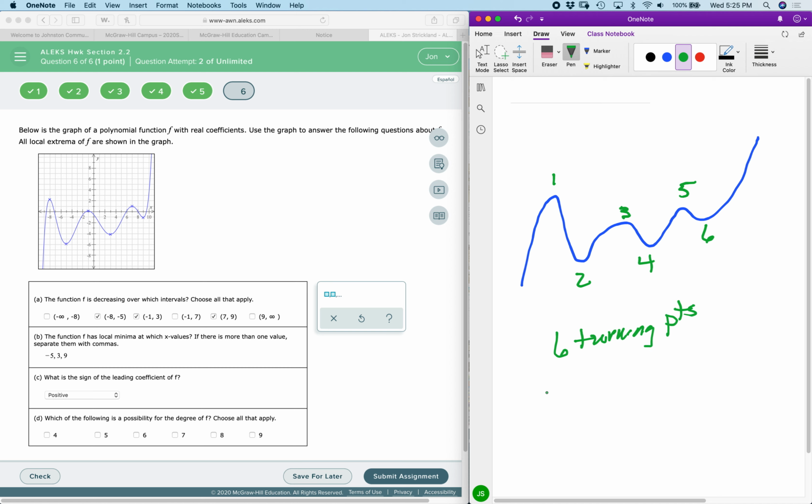And now again, you have your a of n is going to be a positive coefficient. Now, your value n is going to be odd. And it's going to be an odd value that is going to be more than the number of turning points.